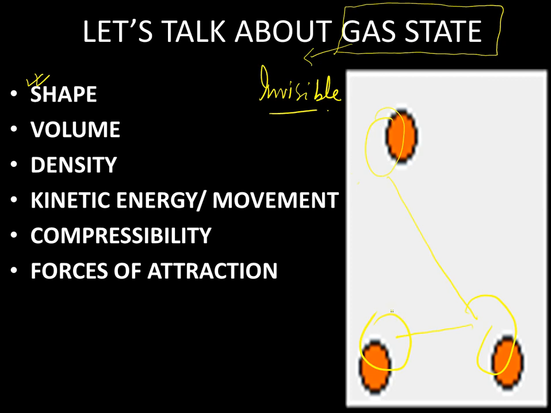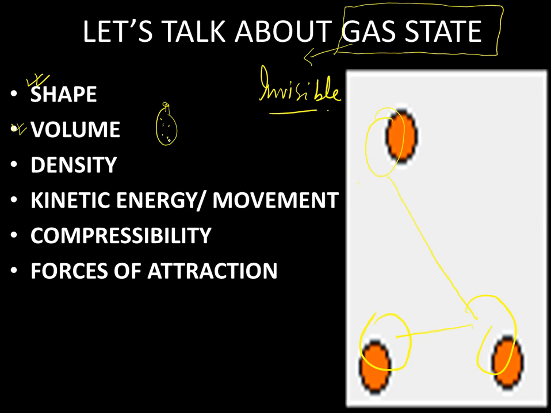When we see the volume, it is infinite. It depends on how you keep the gas. If you keep the gas in a balloon, then it will be fixed in this volume.